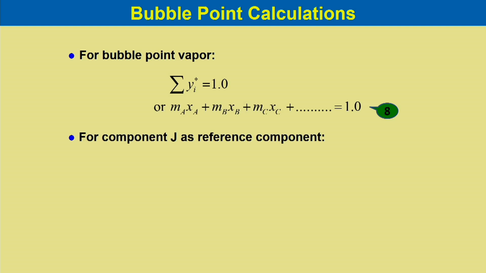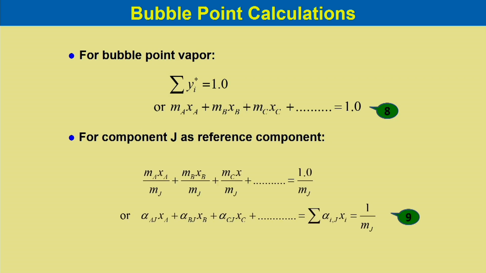Now, for component j as the reference component, we can divide this equation with mj. So, if we divide with mj, then this equation would become mA xA divided by mj plus mB xB divided by mj plus mC xC divided by mj and so on, and would be equal to 1 by mj.